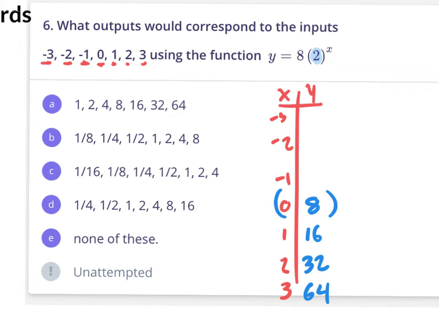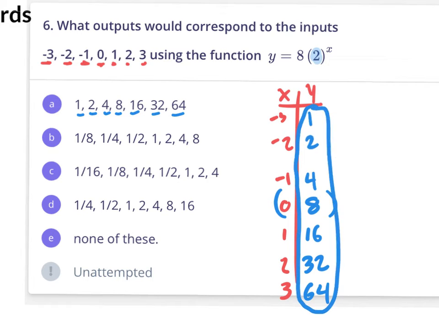Now, if I go backwards, if going this way it's times 2, going backwards it's dividing by 2, which is really multiplying by half. 64 times half is 32, times half is 16, times half is 8, times half is 4, times half is 2, times half is 1. And ladies and gentlemen, you could see your blue outputs here: 1, 2, 4, 8, 16, 32, 64. There they are. This is the correct option.